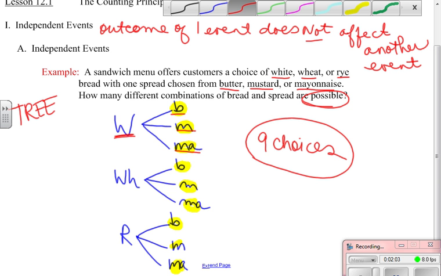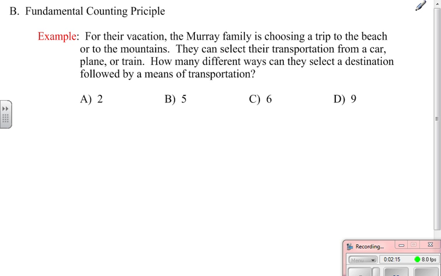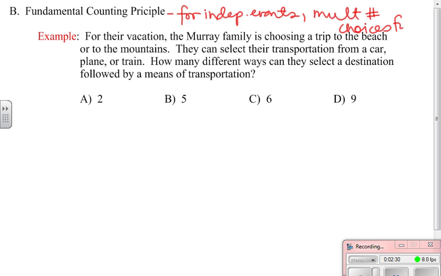But if I have more options than this, I'm not sure I want to draw a tree diagram. So what other choices could I have? Now the fundamental counting principle is that other choice. And this says for independent events, you multiply the number of choices for each event.